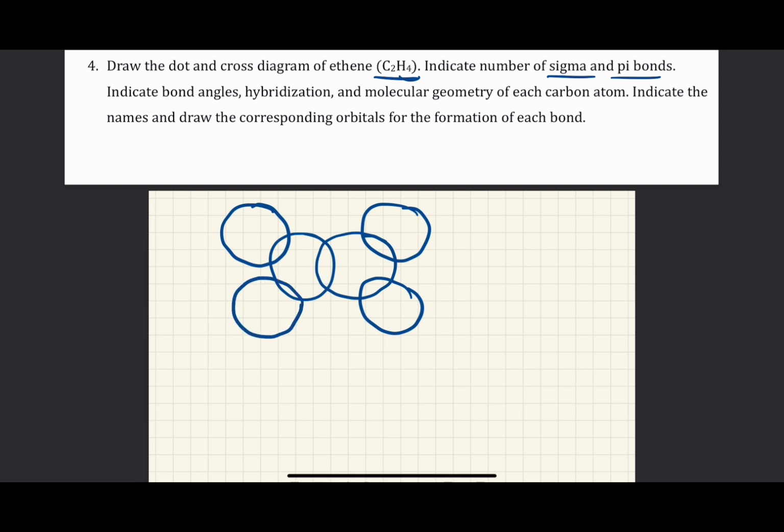We're going to make it in here: carbon, carbon, hydrogen, hydrogen, hydrogen, and hydrogen. We know that hydrogen is group 1A, so it brings one valence electron, while carbon is group 4A, so it will bring 4 valence electrons. And we need to get an octet for both.